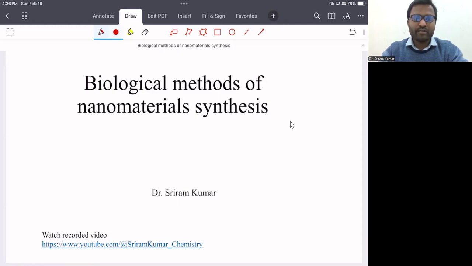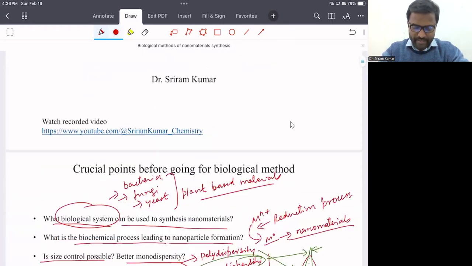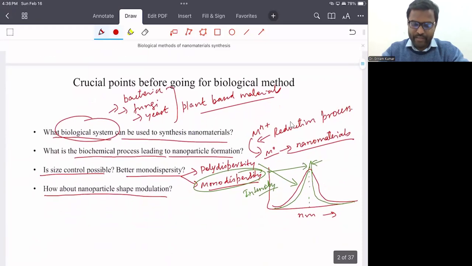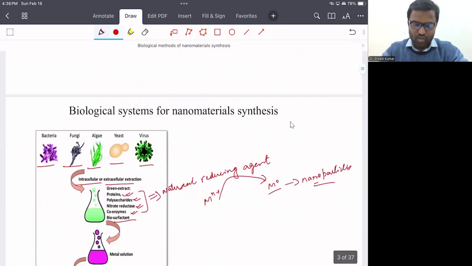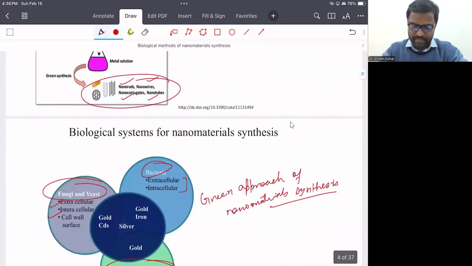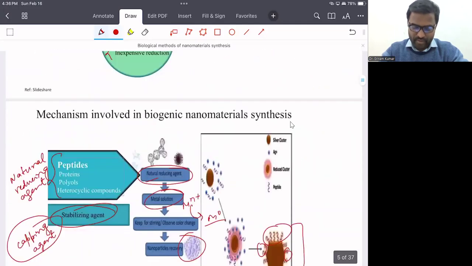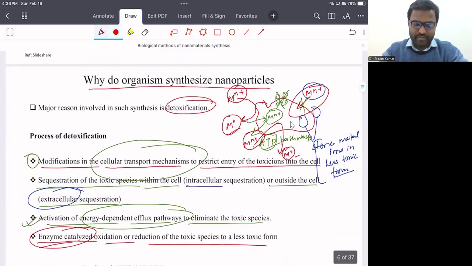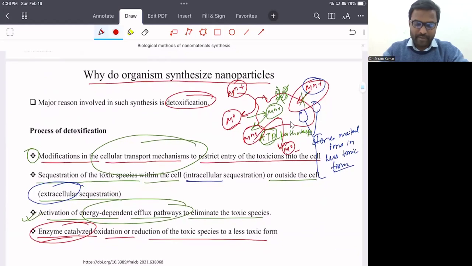Today we are going to learn the second part of biological methods of nanomaterial synthesis. In last class, I discussed nanomaterial synthesis using two key biological systems, that is bacteria and fungus. We understood the reason behind the synthesis of nanoparticles by the biological system, specifically by bacteria and fungus, and that is detoxification.